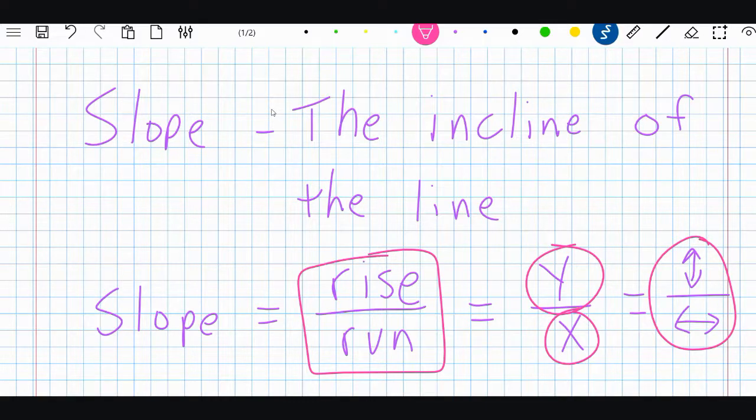Now, rise could also be a drop, and so we'll talk about that, what that looks like. And then the run is the left or the right. And so you need to make sure that you know that there's 3 different ways to say what slope is: rise over run, y over x, or up and down over left and right. Different ways to think about it.